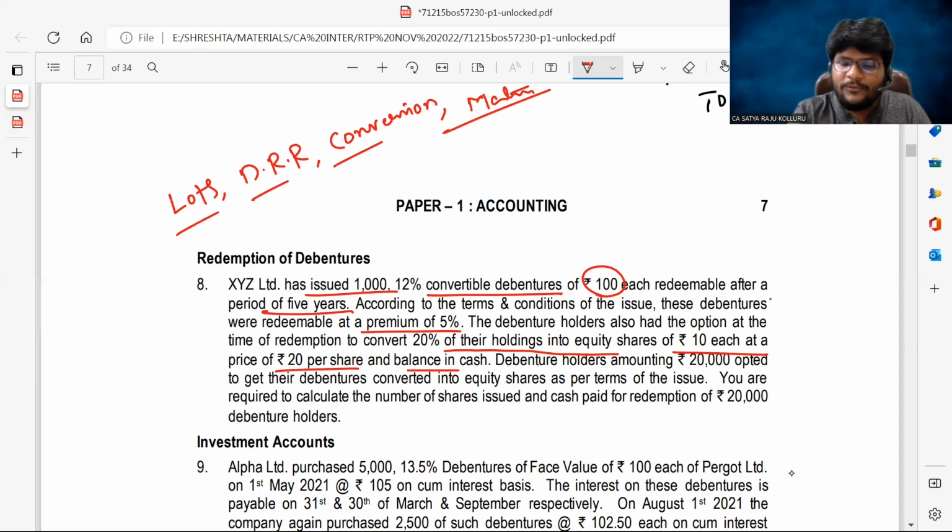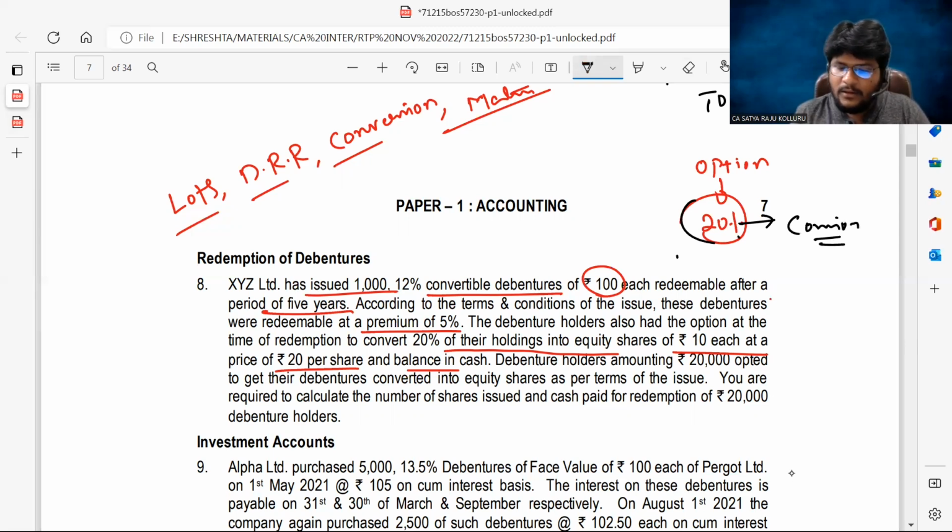Now, what is the option? Option is 20%. They can go for conversion. That is the option given by the company. Okay, fine. Now, this is the information.